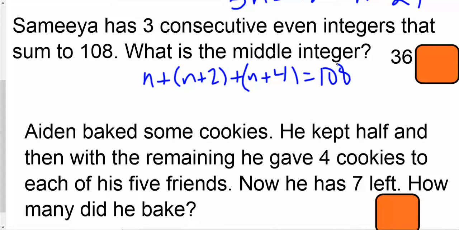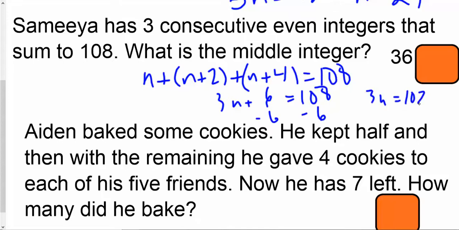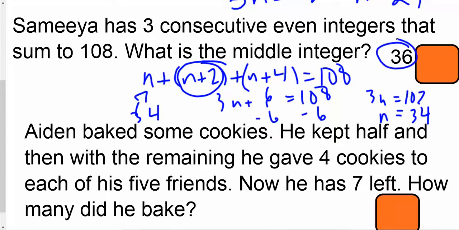This gives us 3n plus 6 equals 108. So that means subtract 6 from both sides, 3n equals 102. And n is 34. But again, in this case, 34 is the smallest. We want the middle, which would be 2 higher than that, or 36.